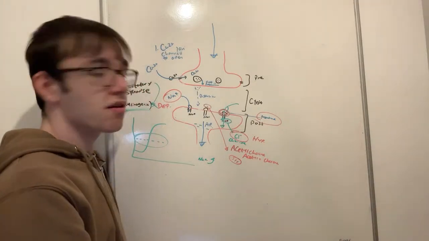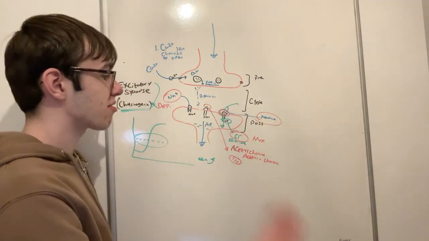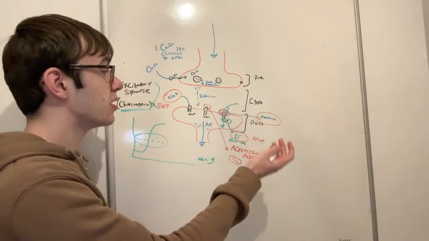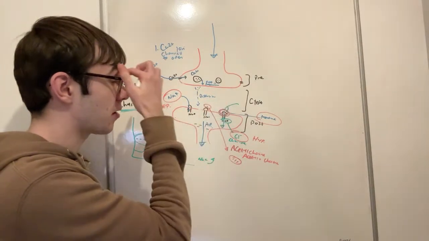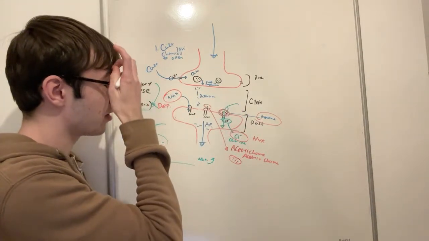Now, the important thing is, if these enzymes are inhibited, then there is more acetylcholine, which means it's more readily available to carry the impulse.